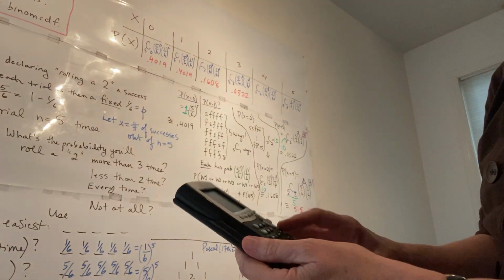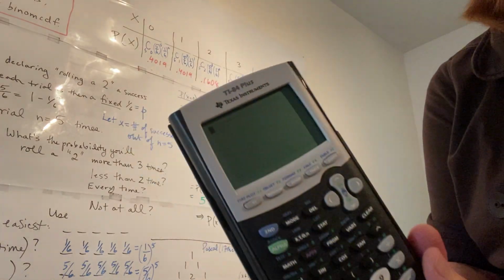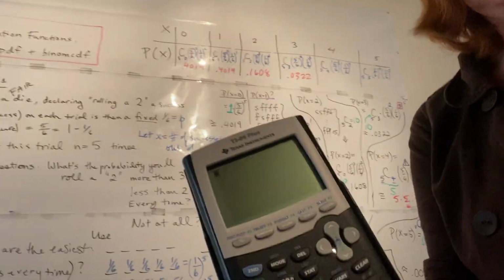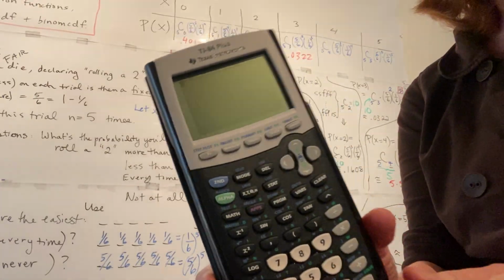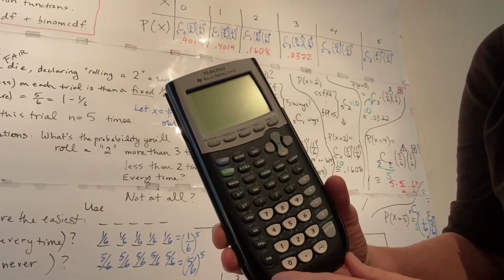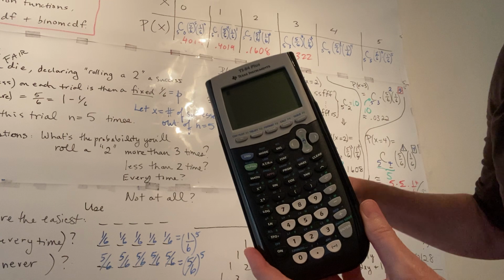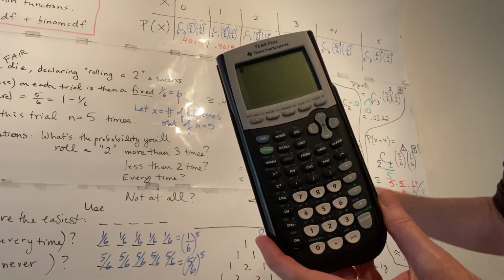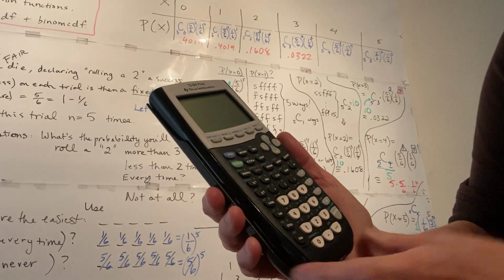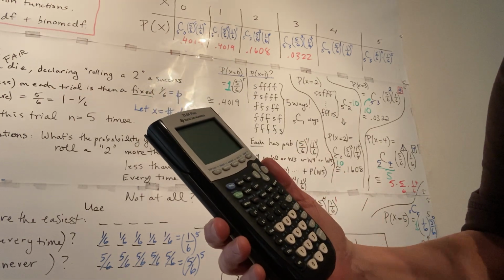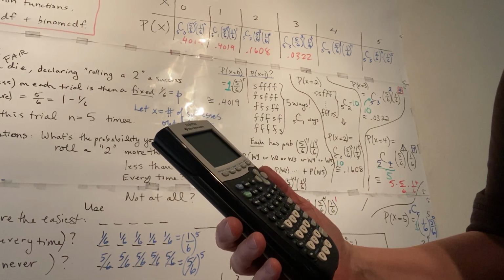Alrighty, so let's see if you can see this without a glare. Looks pretty good. Okay, so on your graphing calculator, we are going to find a button that talks about binomial probability distribution. So there is a place where all the distributions of the different probability functions are listed.